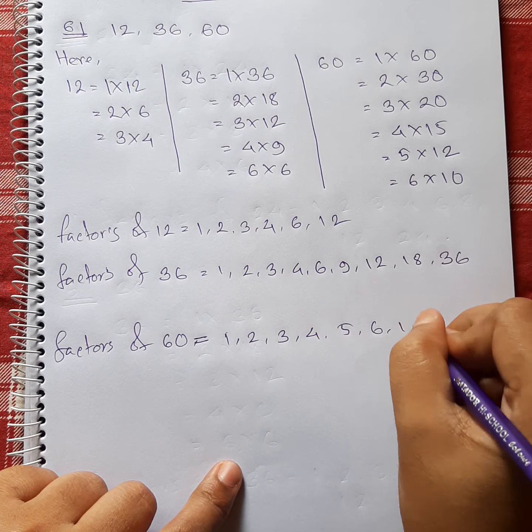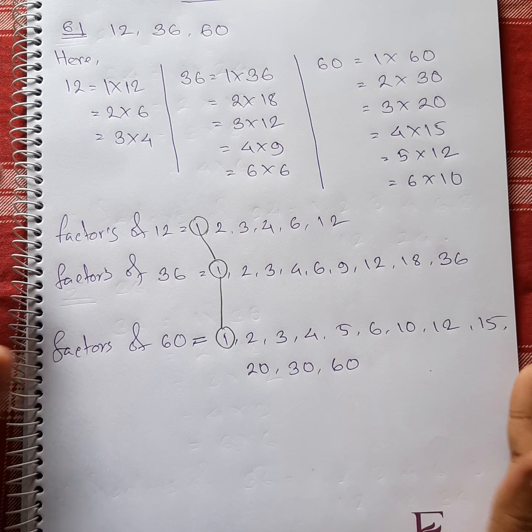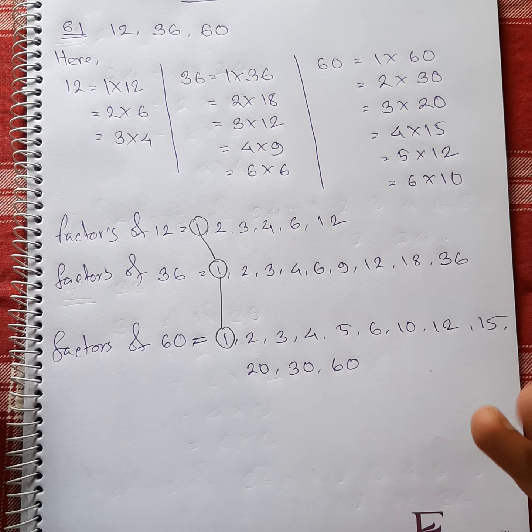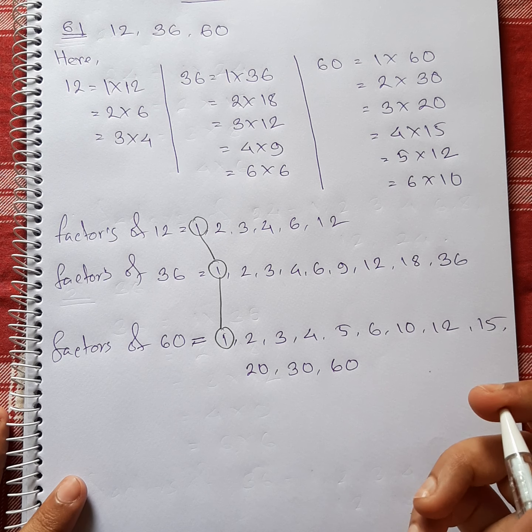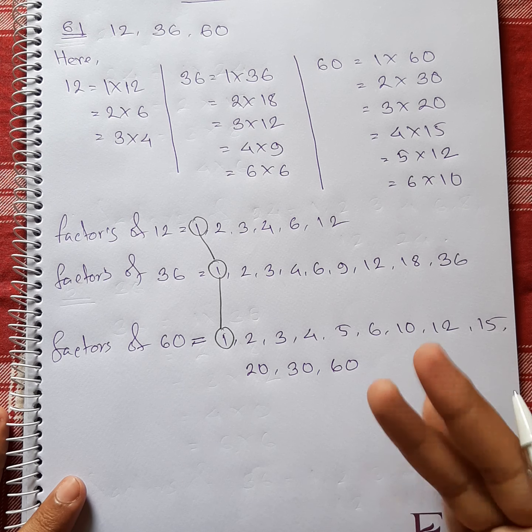As you know, 1 is the first one, which will definitely be common in every factor. Whatever the number, 1 is always there. So if they ask which number is a factor of all numbers, definitely 1. 2, yes, we have 2.